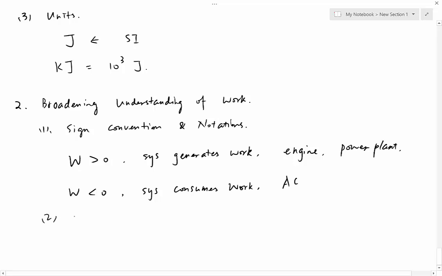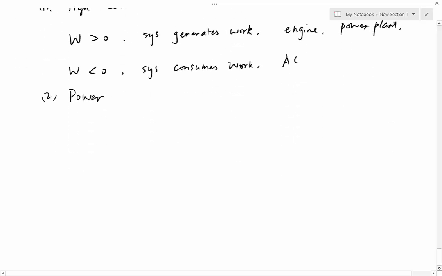Okay, the next one is power. Power. Okay, what is power? The definition is really straightforward. In this class, we use W with a dot on top of it to indicate power. W dot for power. What is the definition of power? The definition is power is equal to work over time.